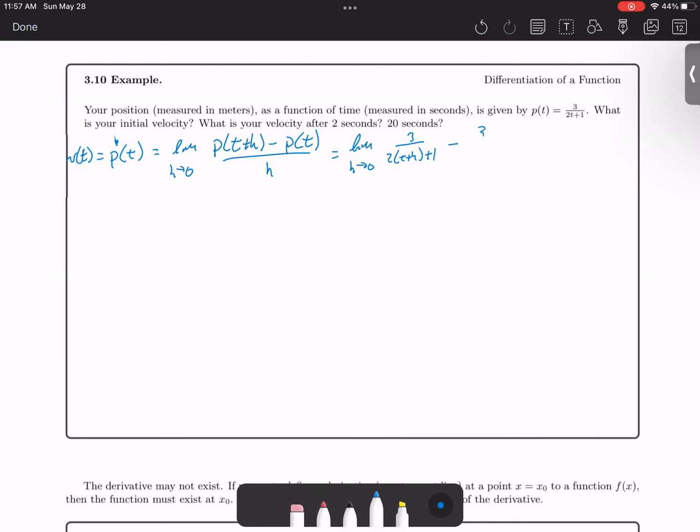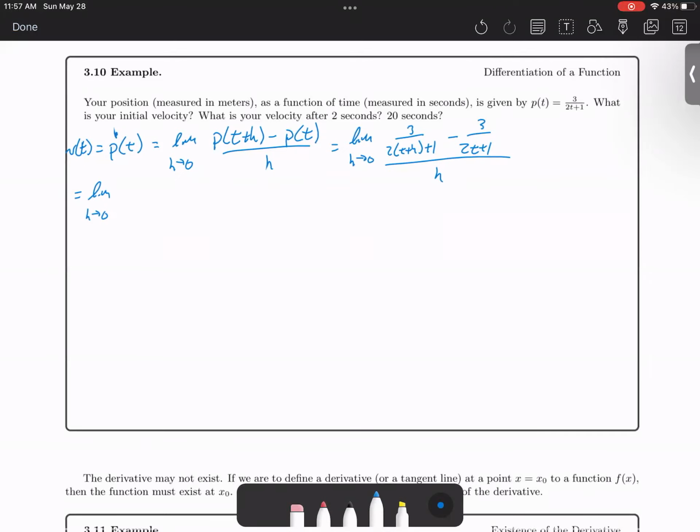P of t is 3 over 2t plus 1. I divide all that by h. So we can't directly substitute just yet, or else the two terms in the numerator become each other, right? When h goes to 0, the left one becomes the right one. You get 0 over 0. So we need to do some algebraic manipulation here.